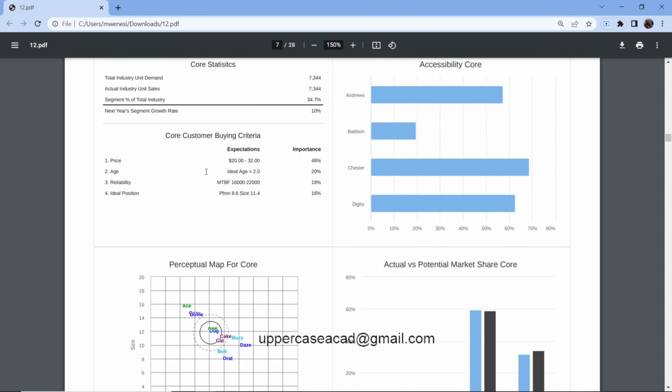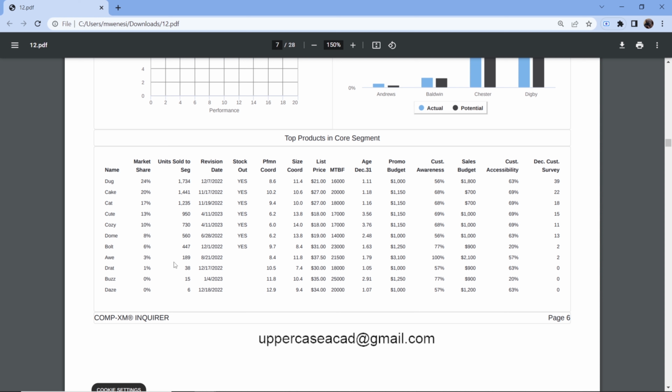But for ideal age, customers in the Core market segment want a product with an ideal age of 2, which carries 20% importance, and their product was close to 2. That's why they sold some of the units, because theirs was close to 2 compared to these other guys.